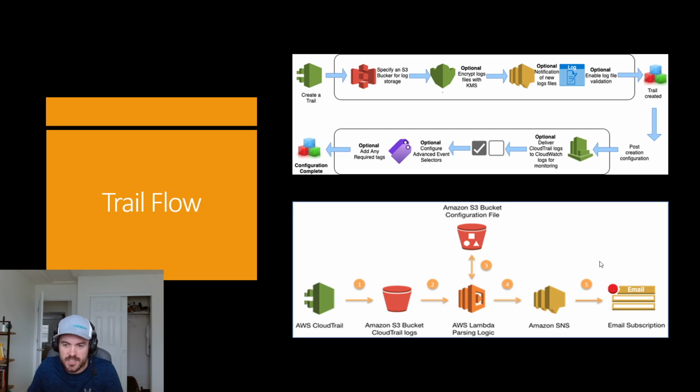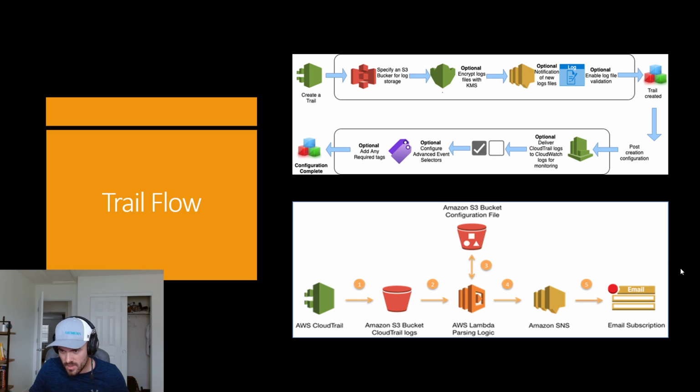And then SNS is going to send out via email a notification saying that something did in fact happen here so that we're aware and cognizant of what's going on with our architecture, and in this case when we're parsing through some logic using Lambda functions.